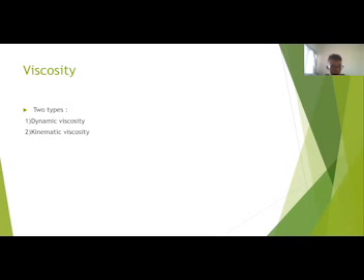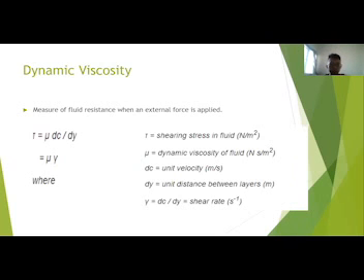For viscosity, there are two types of viscosity, which are dynamic viscosity and kinematic viscosity. Dynamic viscosity is the measure of fluid resistance when an external force is applied. The equation is shear stress equals dynamic viscosity times dc over dy. dc is the change in unit velocity. dy is the change in unit distance between layers.